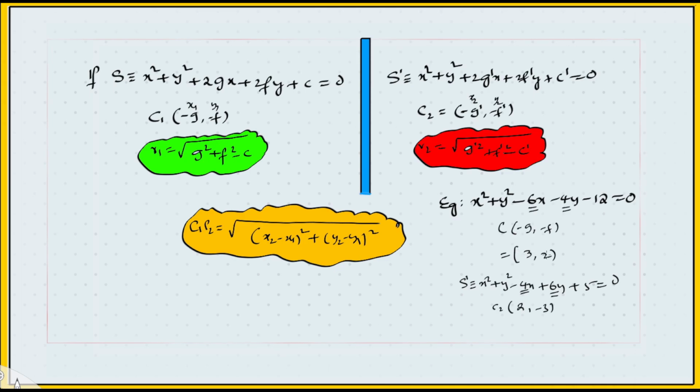So C1 is (3, 2) and C2 is (2, minus 3). C1 always in future consider as x1 y1, C2 consider as x2 y2. When we have x1 y1 as well as x2 y2, we can find the distance between the centers using the formula root over x2 minus x1 whole square plus y2 minus y1 whole square.